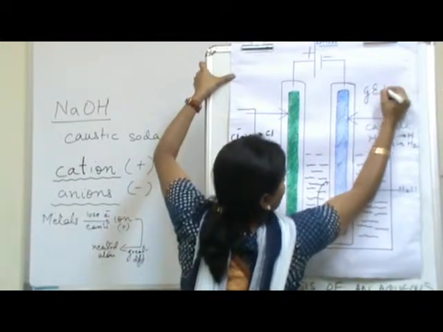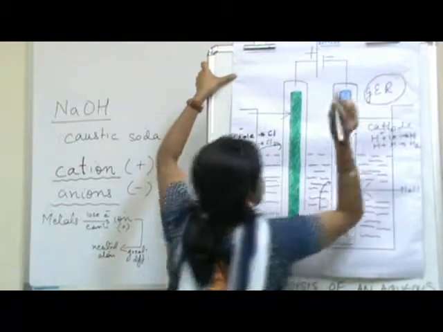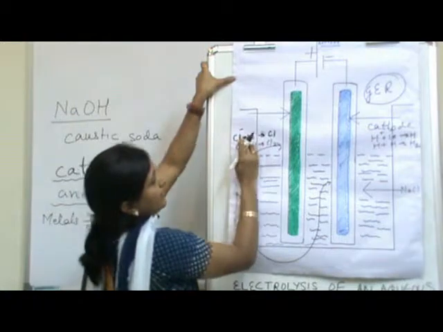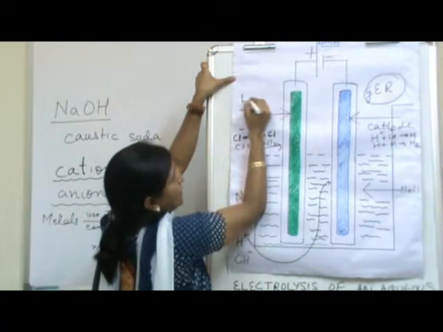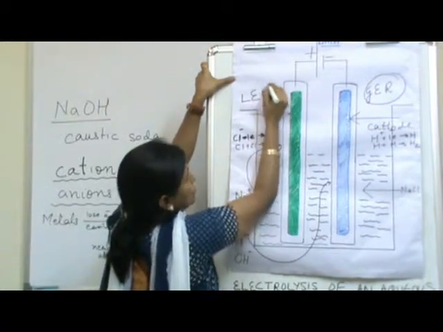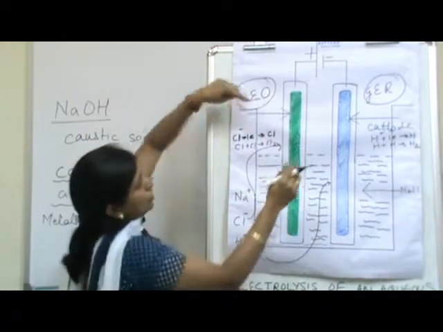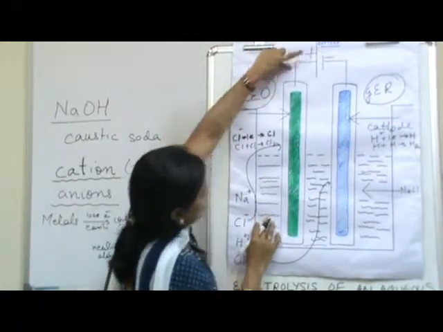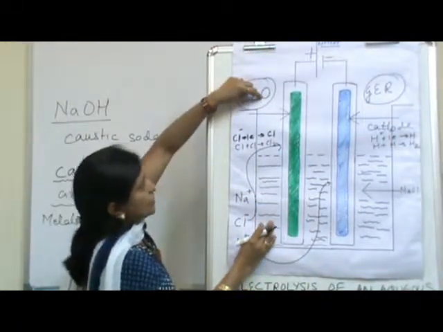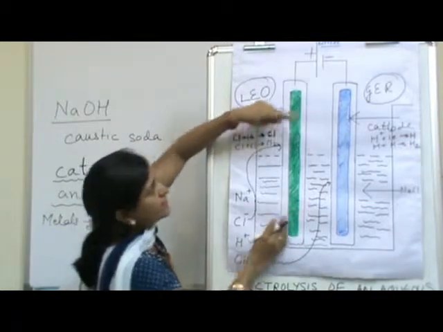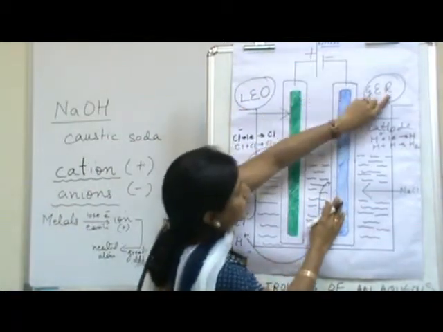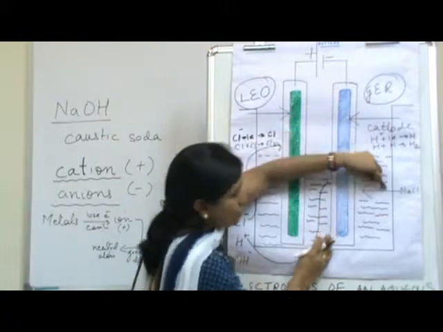Gain of electron is reduction. At anode there is loss of electron. Loss of electron is oxidation. At anode, by the process of oxidation, we get chlorine gas. At cathode, by reduction, we get hydrogen gas.